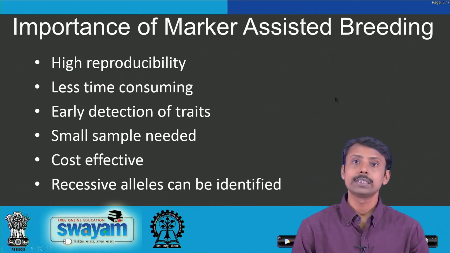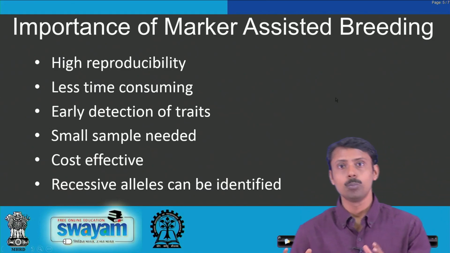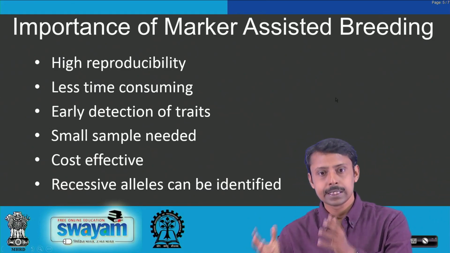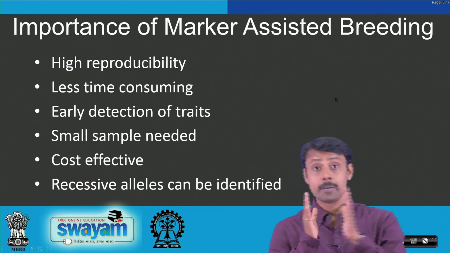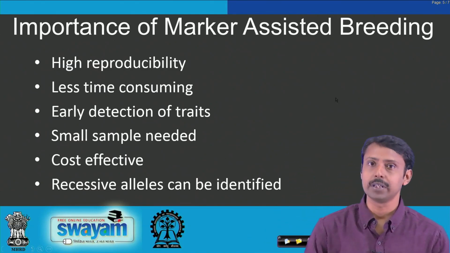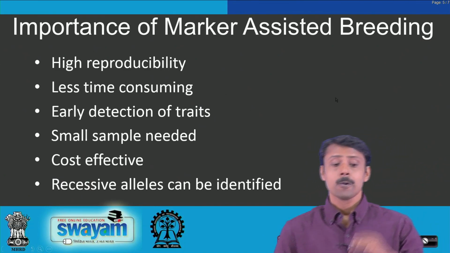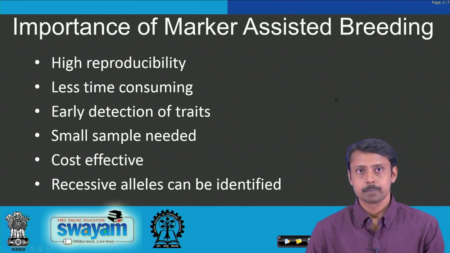So, why are you doing 6 generations of backcrossing? So that the maximum genome of the recurrent parent is recovered, along with the specific trait from the donor parent.